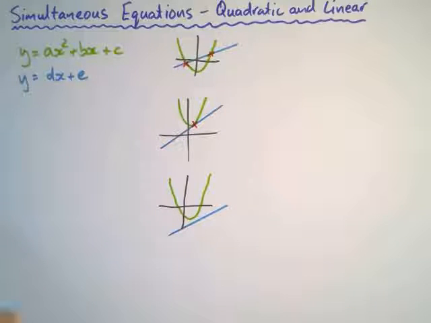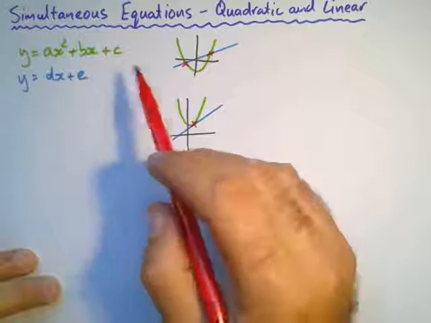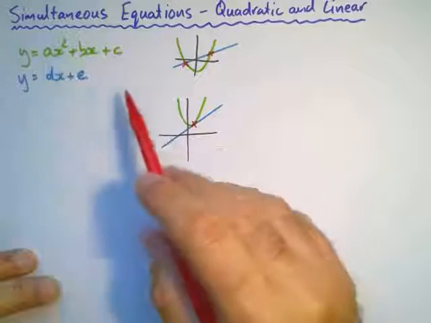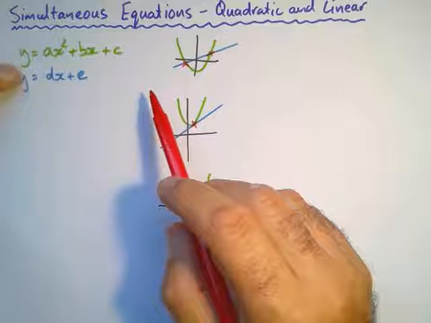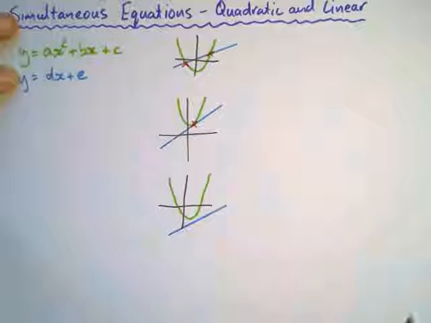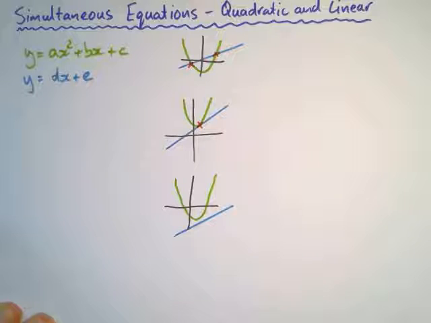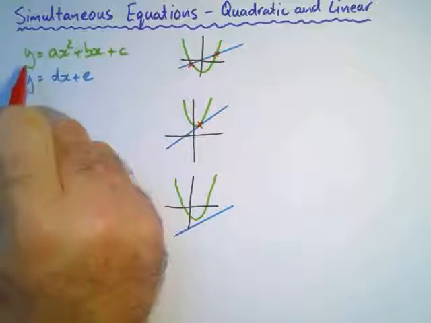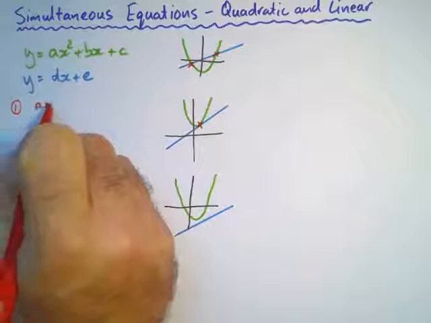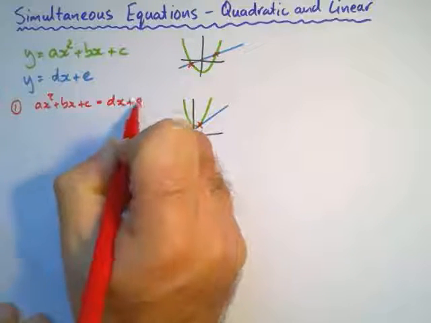I'm going to quickly run you through what you'll have to do. Remember that if I have two equations, it doesn't matter what they are, if I set them equal, I will know where they are equal. So if y and y are the same, then my first step is to say that these two are the same: ax squared plus bx plus c equals dx plus e.